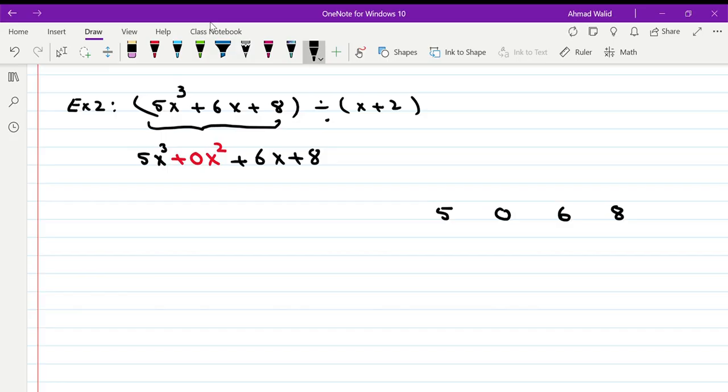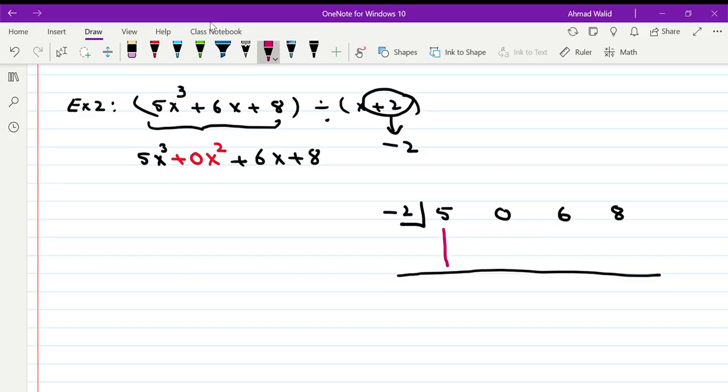If it's negative, bring negative. If it's positive, positive. Divide by the opposite of this number. Opposite of positive 2 is negative 2. Draw your line. Bring down the first number under the line, which is 5.